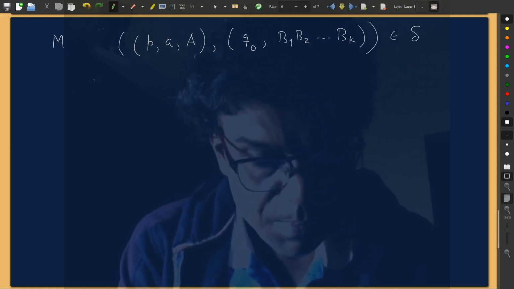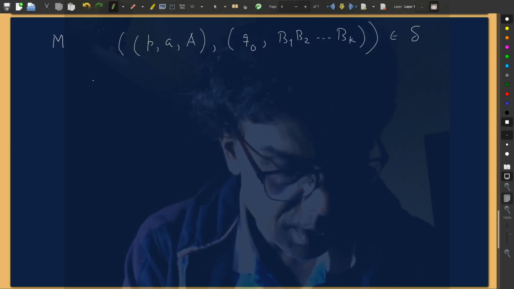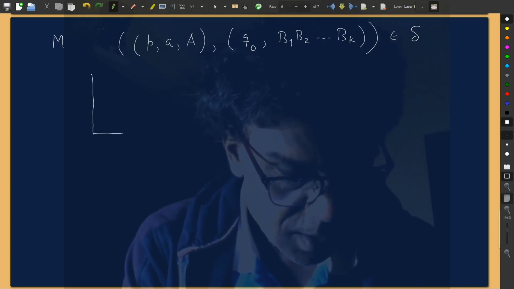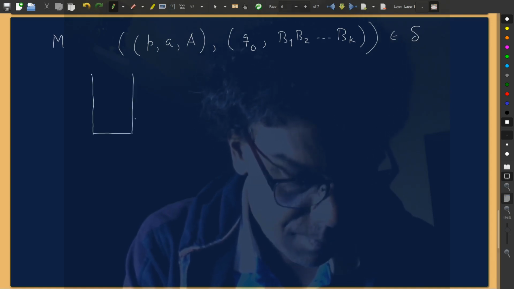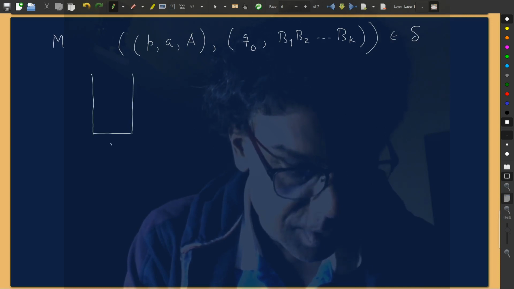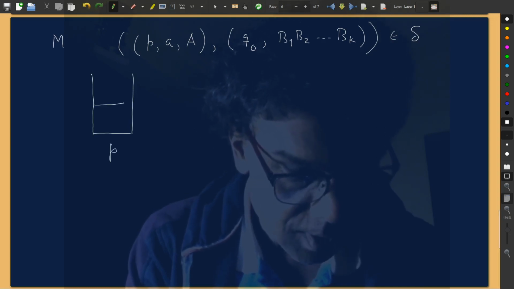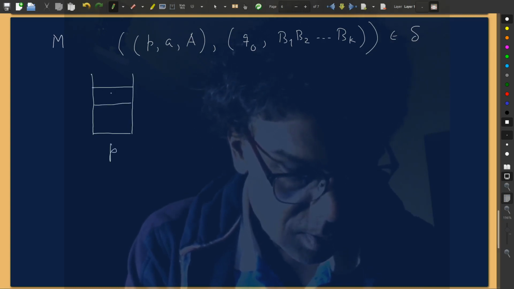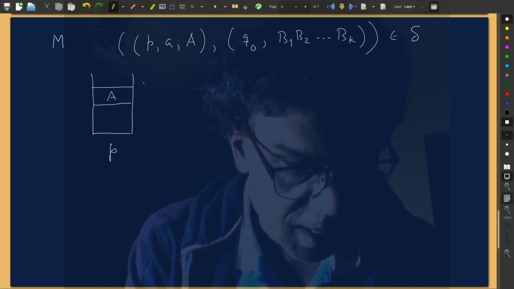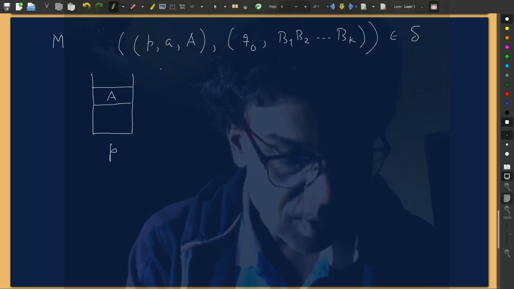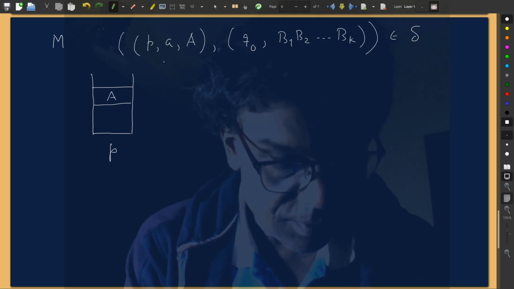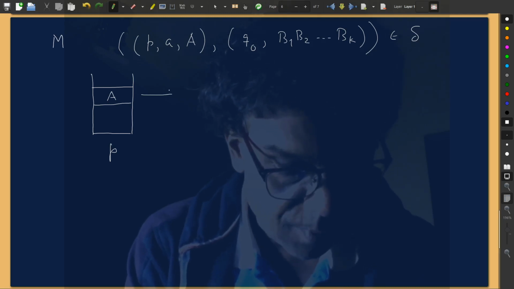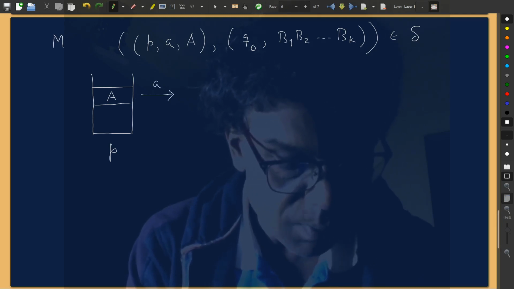So what does it mean? It means that M is in state P, looking at A at the top of the stack. The first thing it does, it consumes A from the input. A may be a real symbol or epsilon.